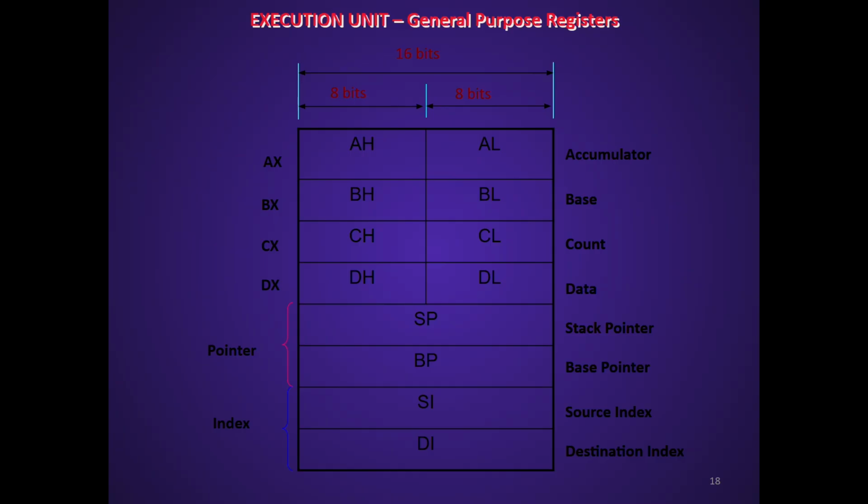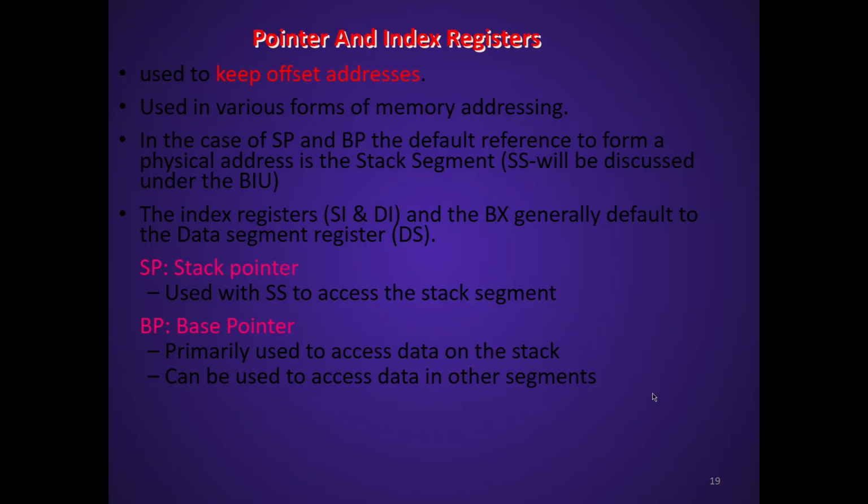We are not going to see all the programs, but the basic programs which you need to know. To run a program on TASM, we need to know these basic registers. Then we will go to the next.